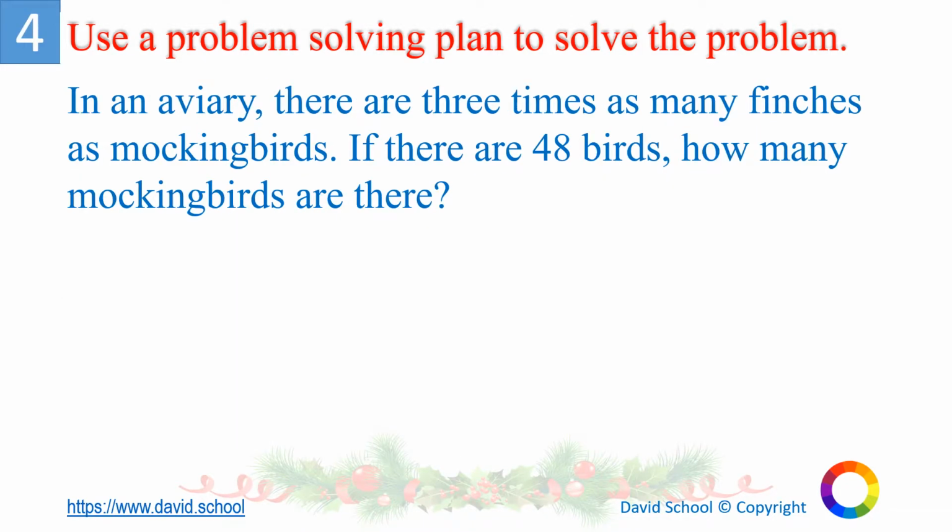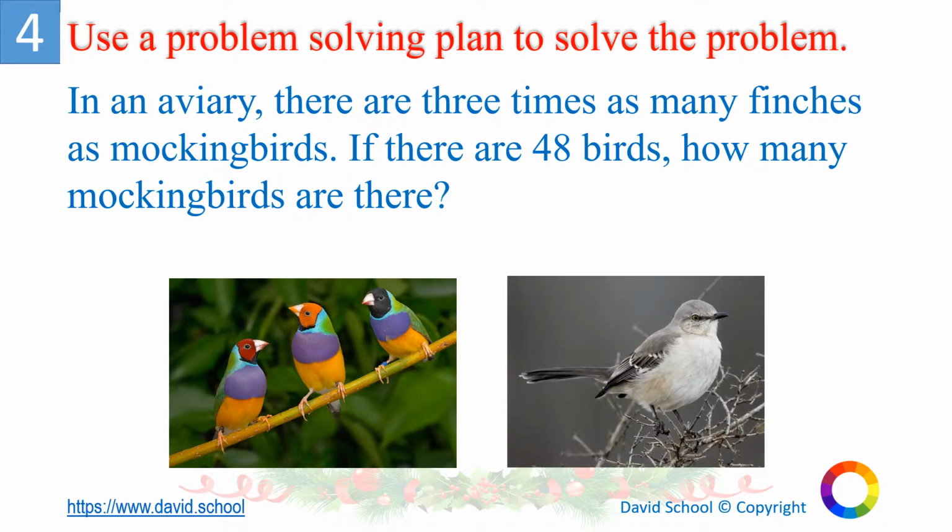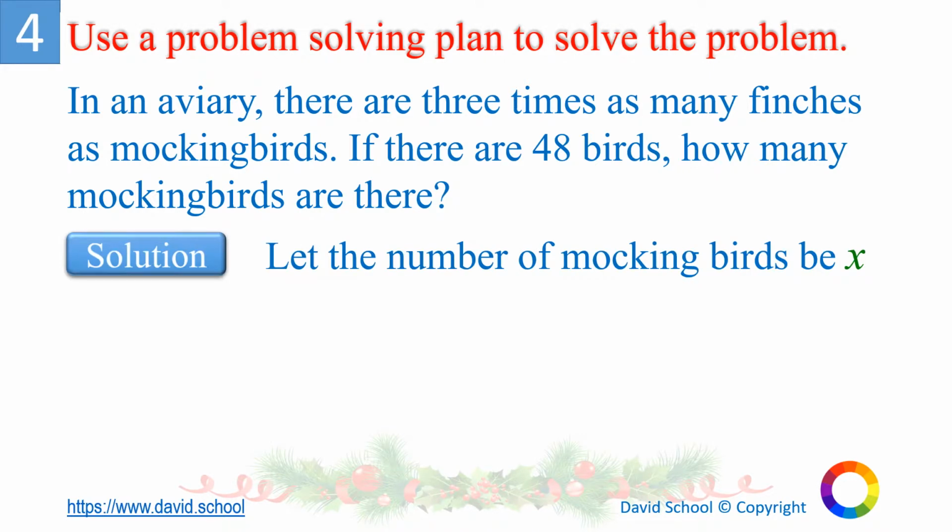Example 4. In an aviary, there are 3 times as many finches as mockingbirds. If there are 48 birds, how many mockingbirds are there? These are finches, and these birds are mockingbirds. Let the number of mockingbirds be x.